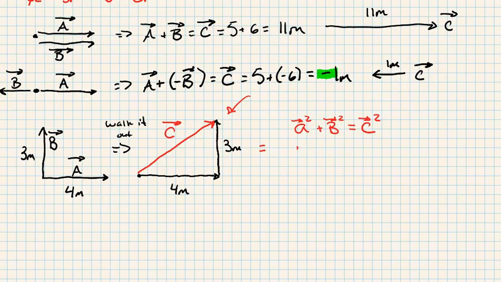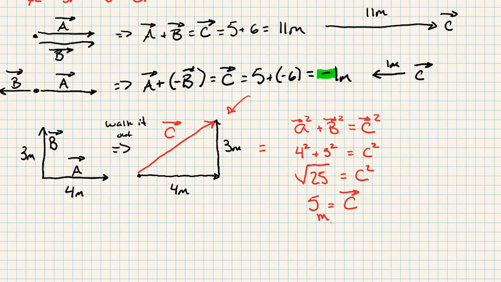So we go 4 squared plus 3 squared equals c squared. So the square root of 25 equals c. So the magnitude of our c vector is 5 meters.